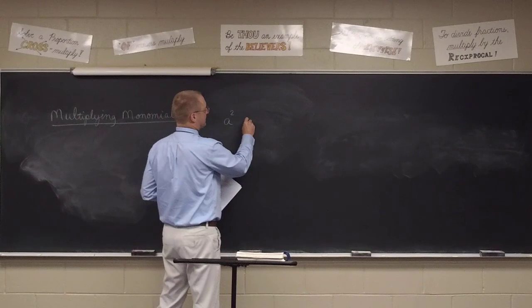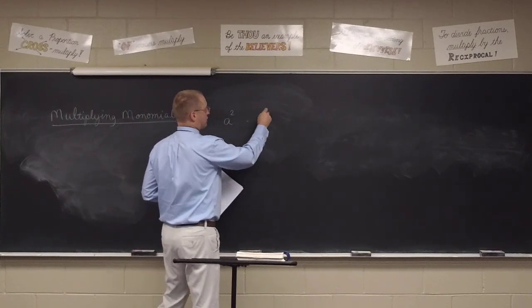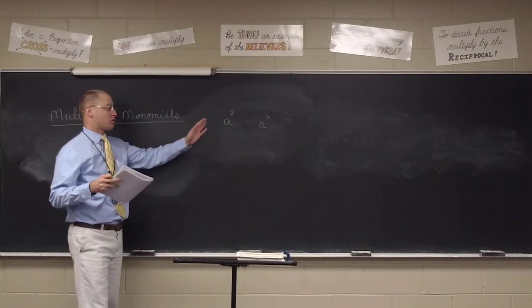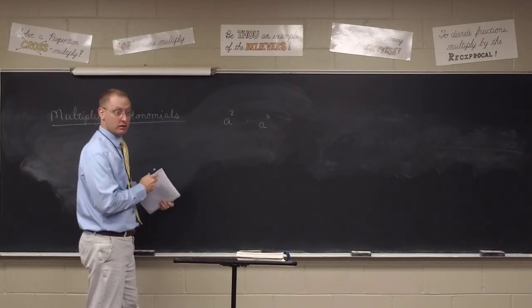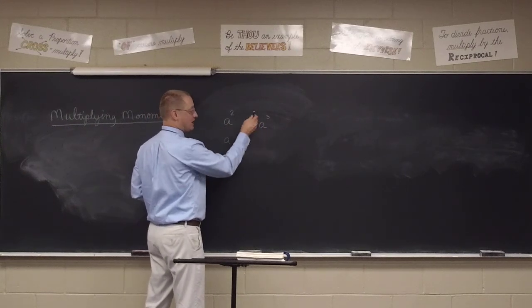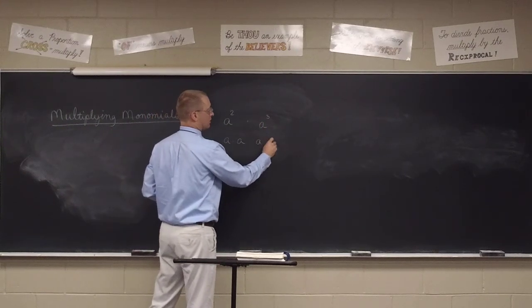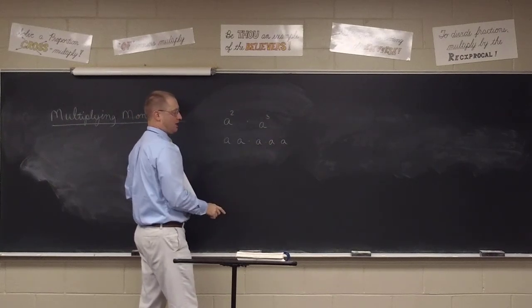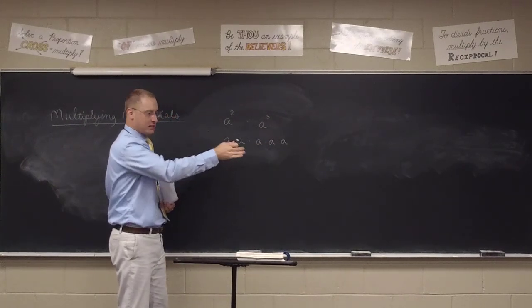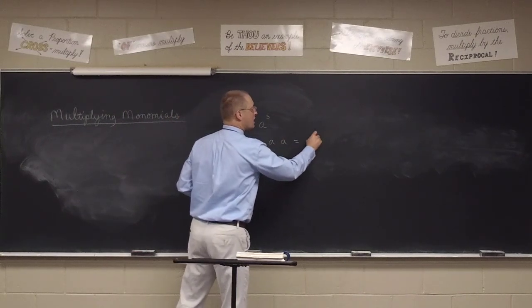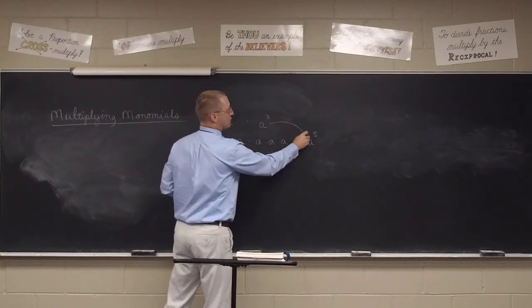If I wanted to multiply a squared times a cubed, remember, what is a squared, class? A times A. And what is a cubed? A times A times A. So if I multiply A times A times A times A times A, in other words, we would say that's A to the fifth. So clearly multiplying A squared times A cubed gives A to the fifth.